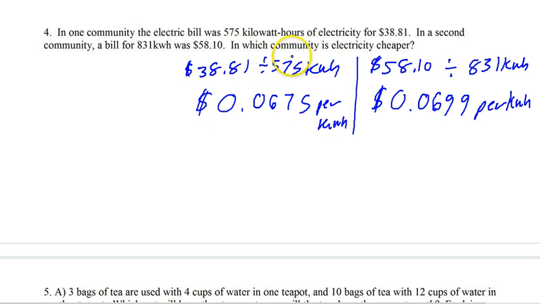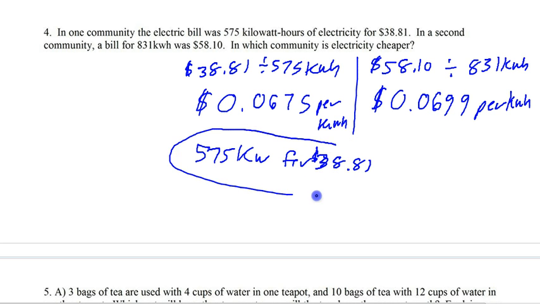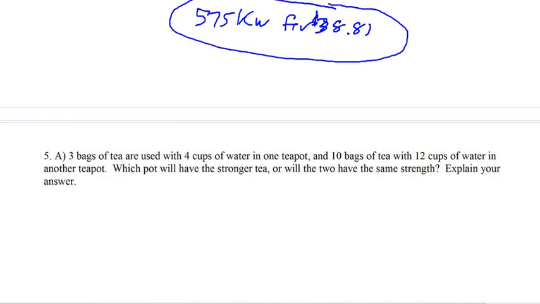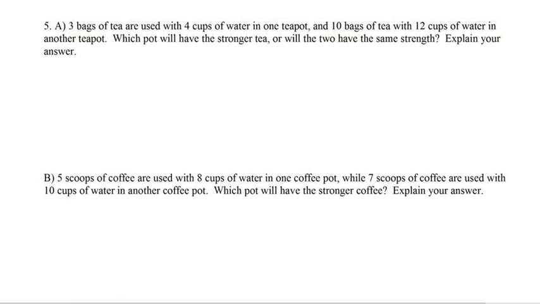And it's dollars per kilowatt hour. And so from this you can see that the community with the 575 kilowatt hours for $38.81, that is our cheapest. It's 0.0675.